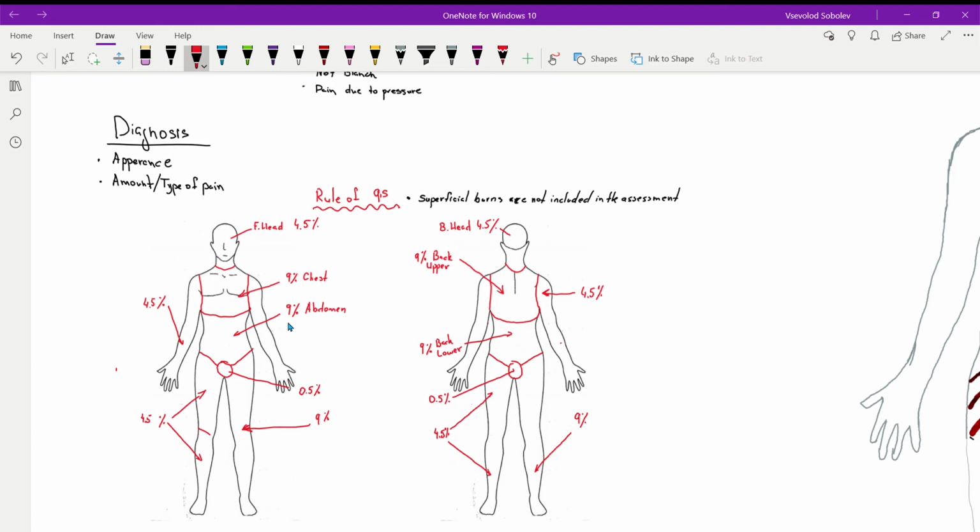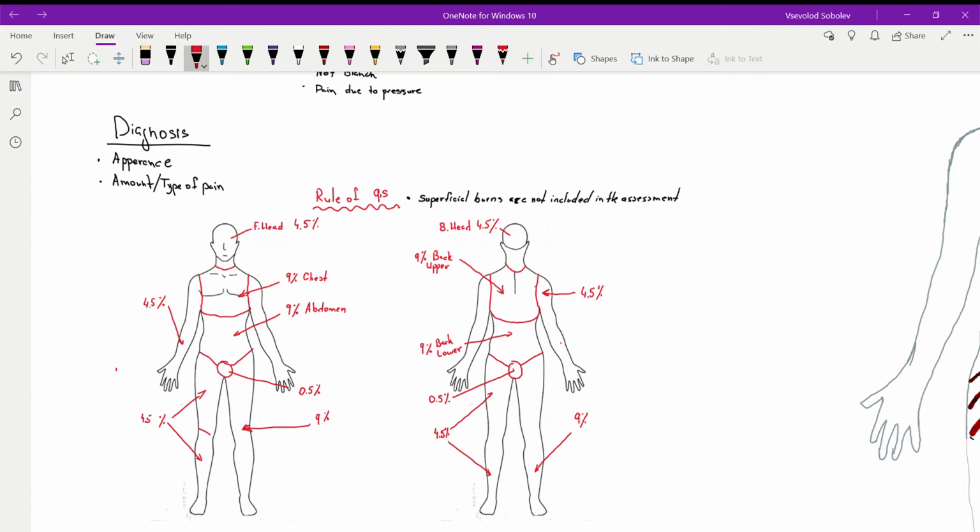That fluid will leave the blood vessels because they're damaged, and inflammatory mediators cause the blood vessels to dilate. So fluids will be very important to prevent shock and organ failure.